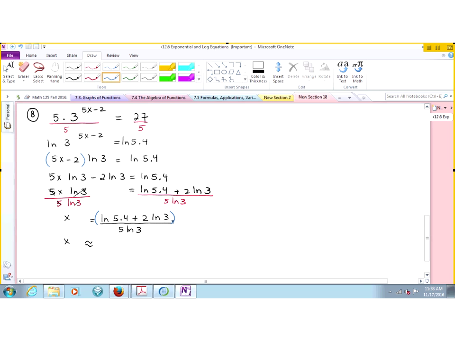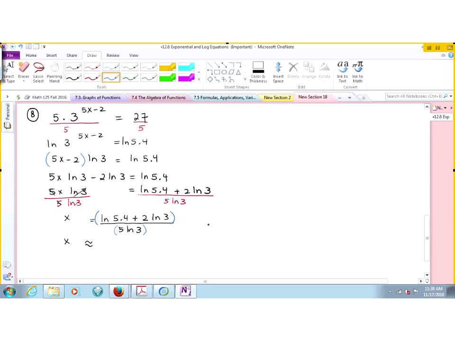So what is this? ln 5.4 plus 2 ln 3, and then divided by, so remember to put parentheses, 5 ln 3. You have to put parentheses here too.